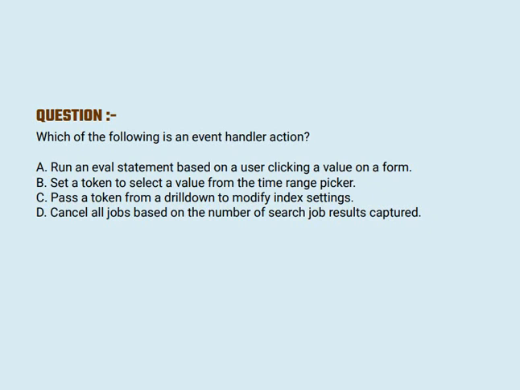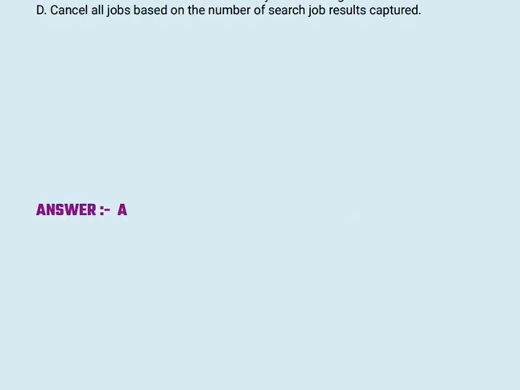Option C, pass a token from a drilldown to modify index settings. And option D, cancel all jobs based on the number of search job results captured. The correct answer is option A.